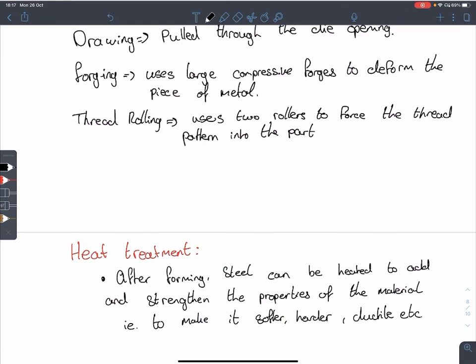And lastly, we have stamping or pressing. This basically just stamps or presses a sheet metal into the pattern that you have. So forces the thin sheet metal over a metal die to create different shapes. So presses sheet metal into different shapes.